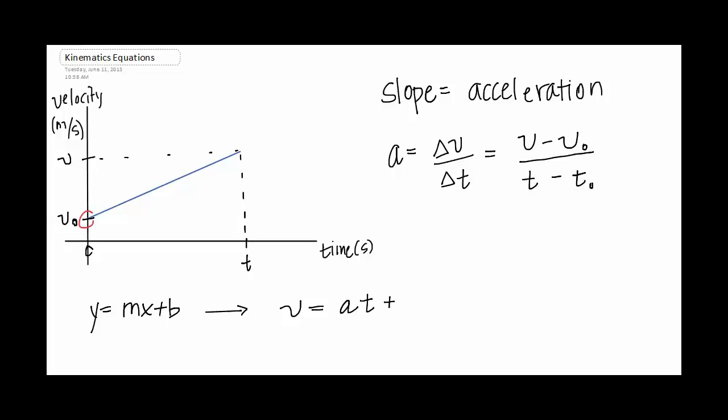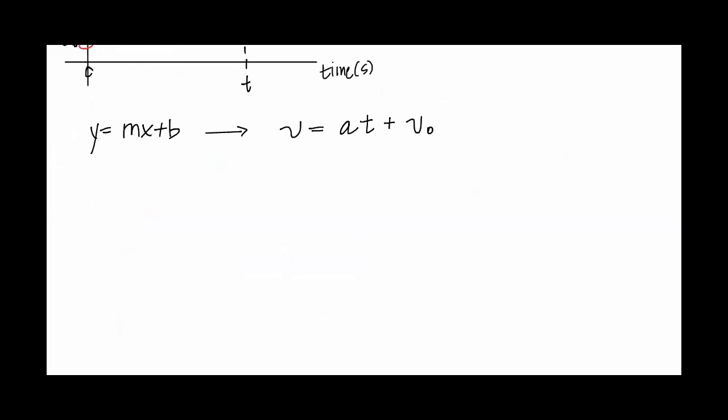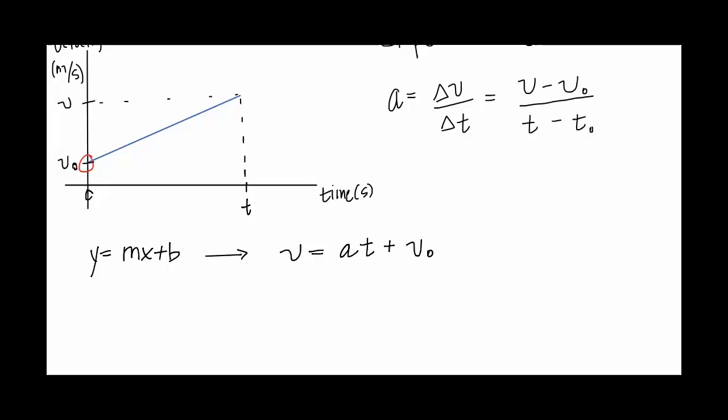Plus, now remember, b is the y-intercept, so that should be our v initial, v naught, circled in red on the graph. So v is equal to at plus v naught, but you usually don't see it written that way. Usually you see it written as v equals v naught plus at.